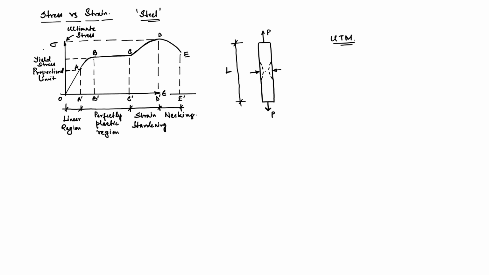Now, if we measure this exact dimension and calculate P by A with the exact cross section, then instead of this path, it will actually move like this, because of this necking phenomenon, the diameter is going to decrease, and because of that the cross sectional area reduces and therefore the stress, which is P by A, increases.